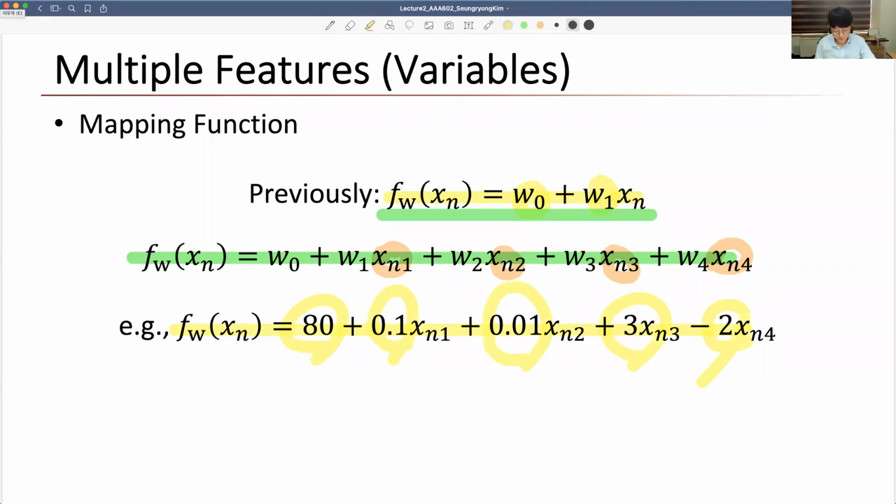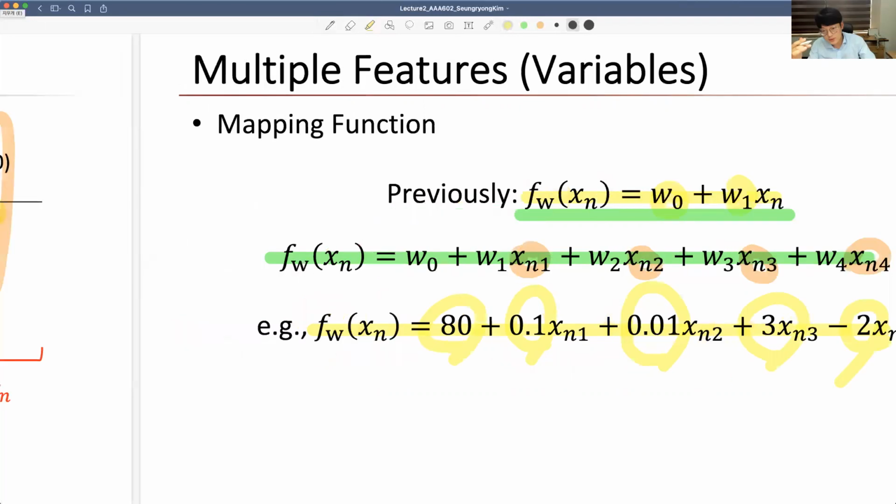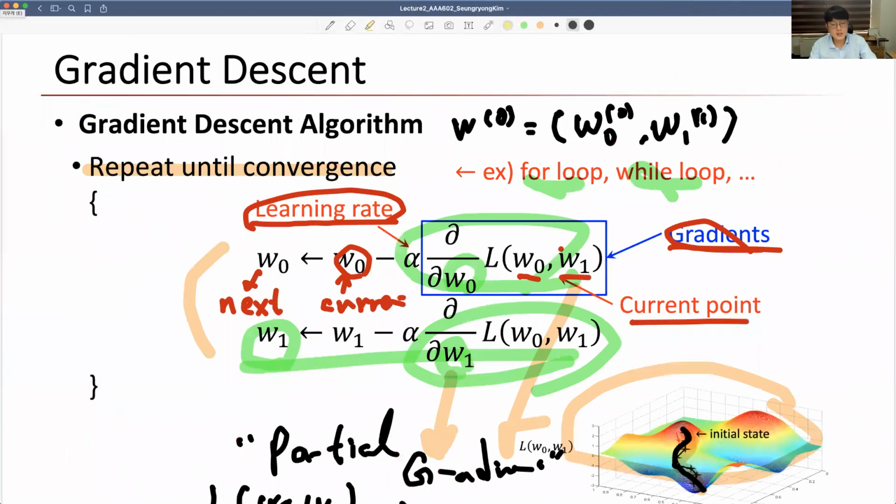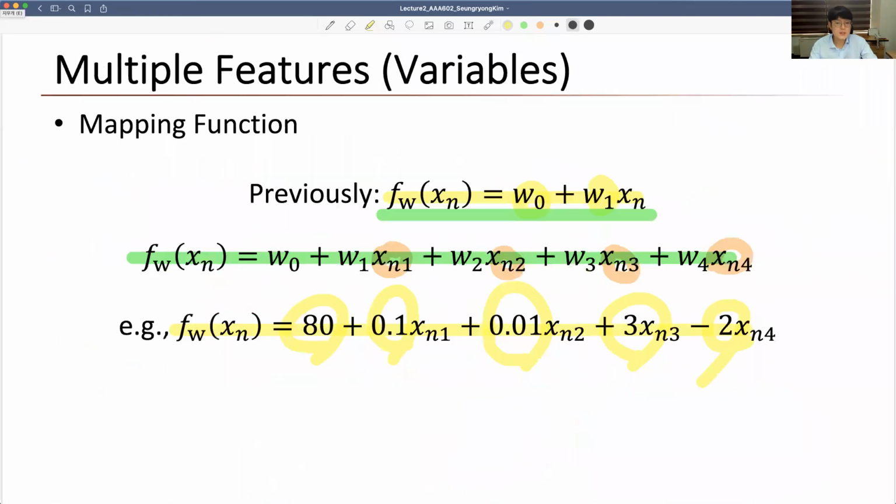It means that our loss function is defined in a six-dimensional space. You can imagine. If you remember this loss curve, it was defined in a 3D space, right? But if we consider this multivariate case, the loss function will be defined in a 6D space.